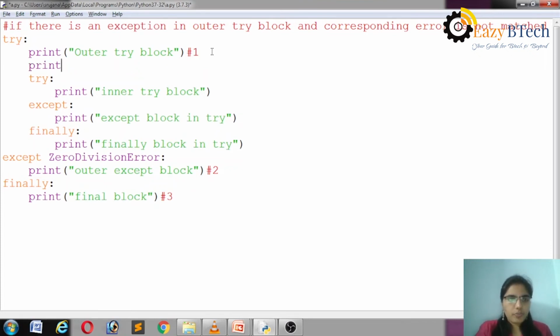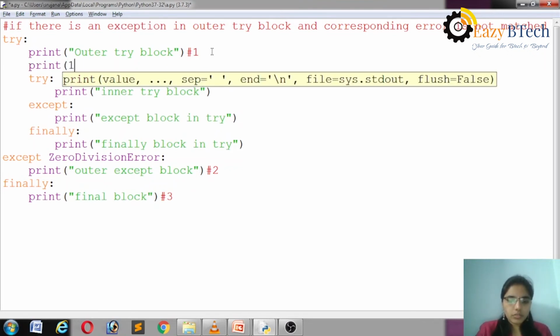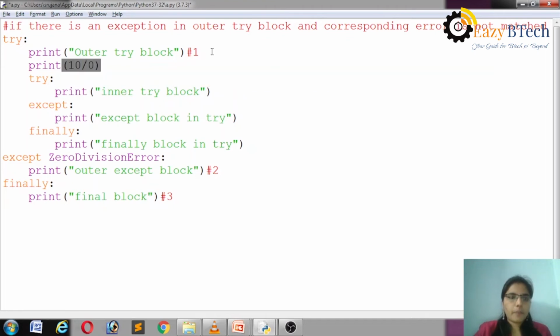Let's write print 10 by 0. So it is an outer block exception and the corresponding error is not matched. Here I am writing value error. Whenever an exception comes in the try block, automatically it will search for an except block.